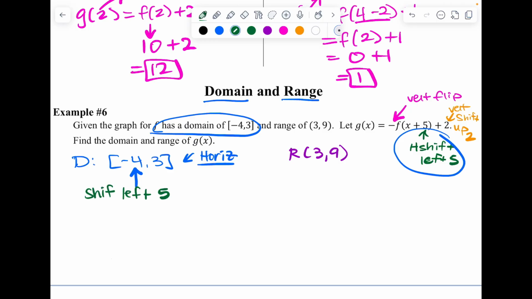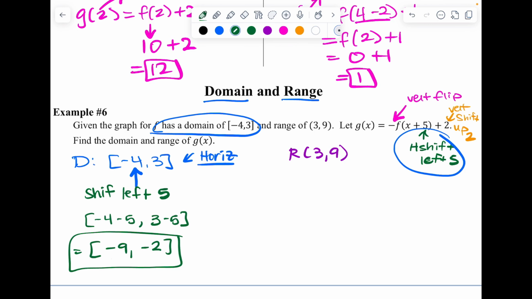So how would I shift everything to the left 5? I would literally take away 5 from everything. Instead of -4, it'd be -4 minus 5. Instead of 3, it'd be 3 minus 5. Simplified, this is just -9 to -2. So that's my transformed domain.